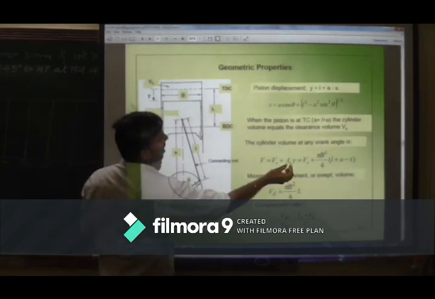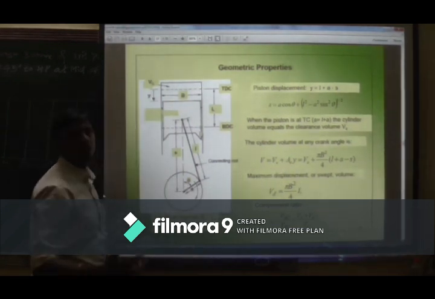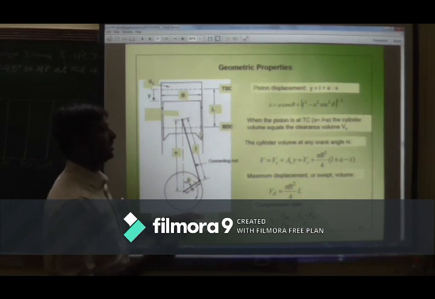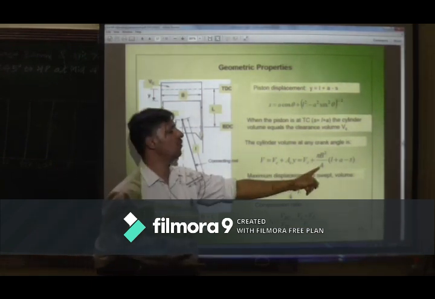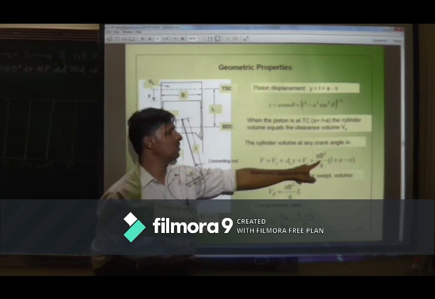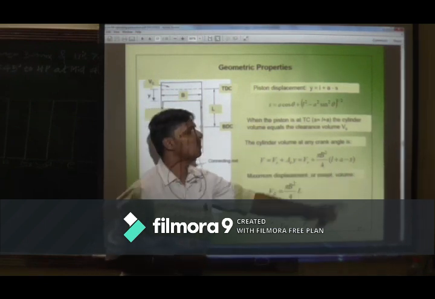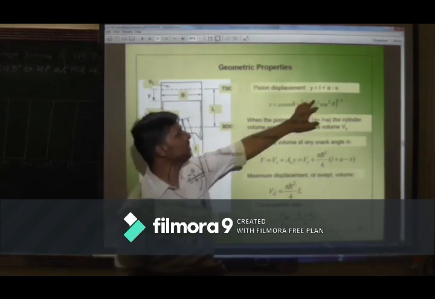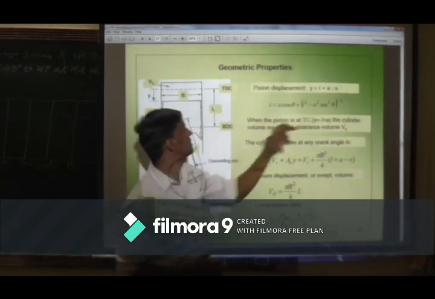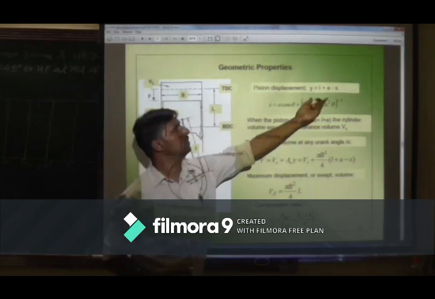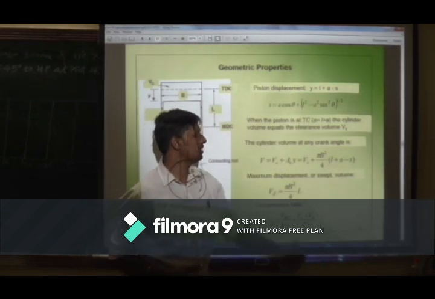The cross section area is constant, it will not change because the bore diameter will not change. AC is pi by 4 d square. They are using B, we are using D. VC plus pi by 4 d square into height. How much is the height that we have calculated? That is nothing but L plus A minus S. y is nothing but this height, L plus A minus S.